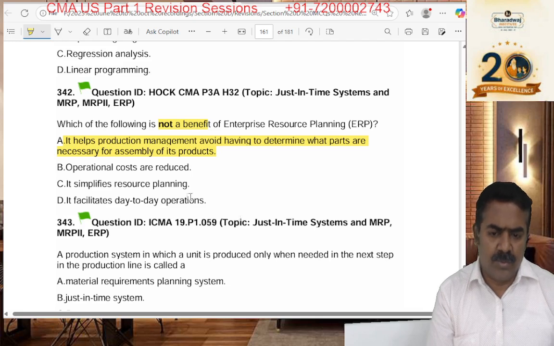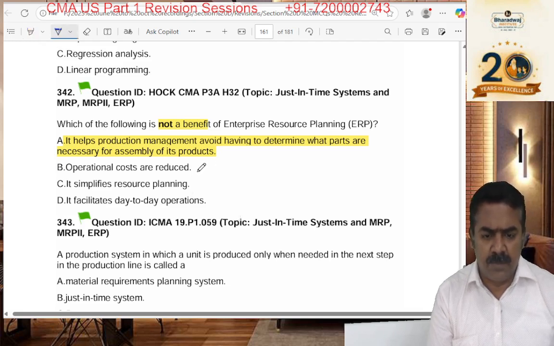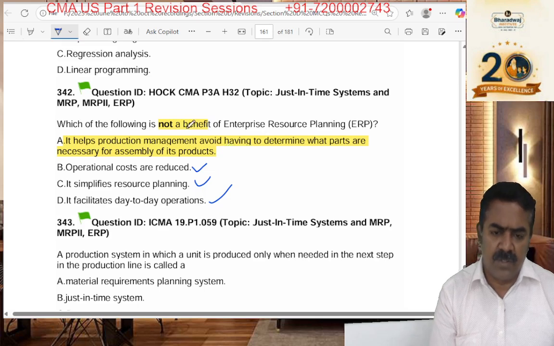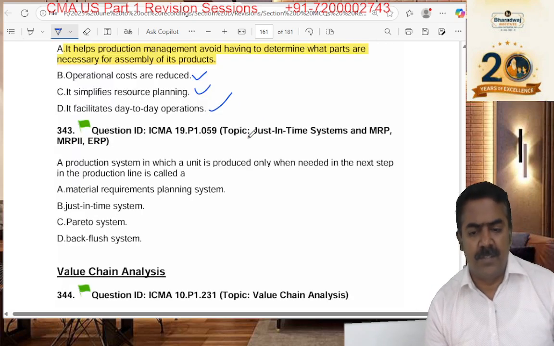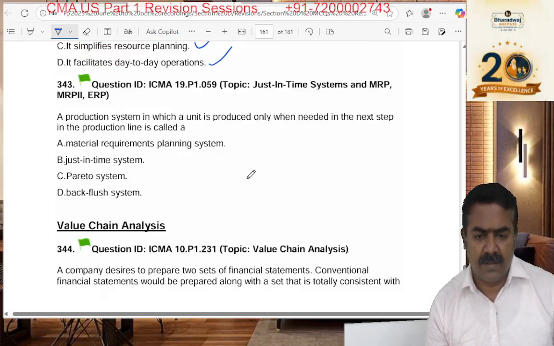Operation cost will reduce, it simplifies the resource planning, it facilitates day-to-day operations, a benefit. But A is not a benefit. To assemble a product, which part is necessary or not, that is part of value engineering, value analysis.